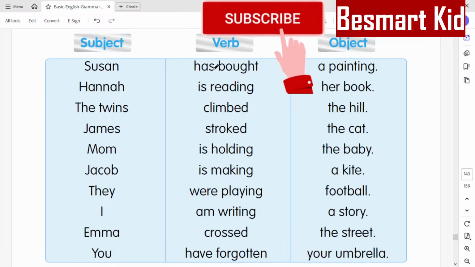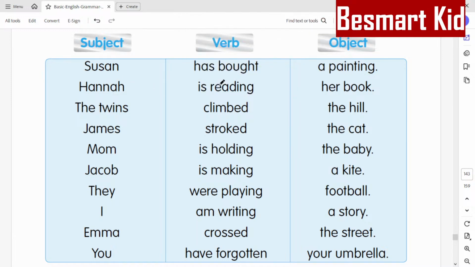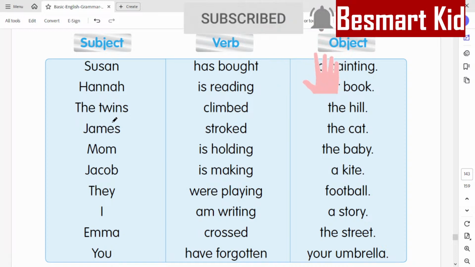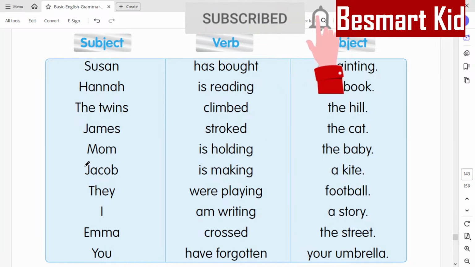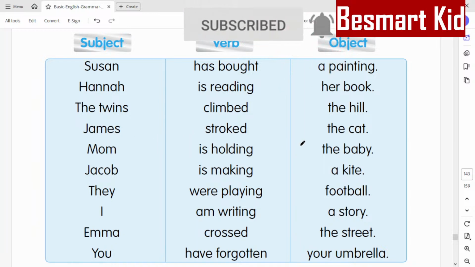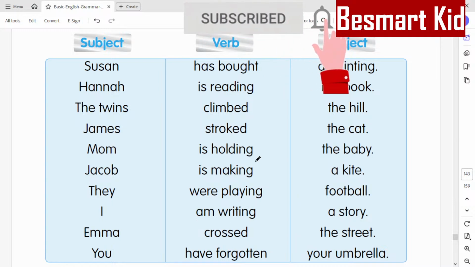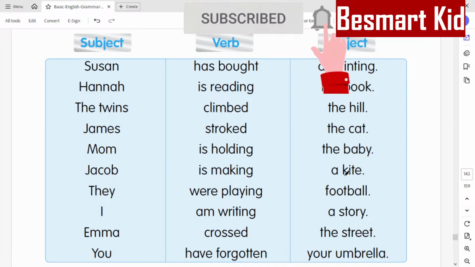Susan has bought a painting. Hannah is reading her book. The twins climbed the hill. James stroked the cat. Mom is holding the baby. Jacob is making a kite.